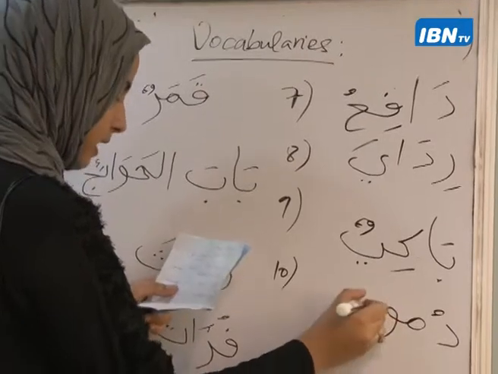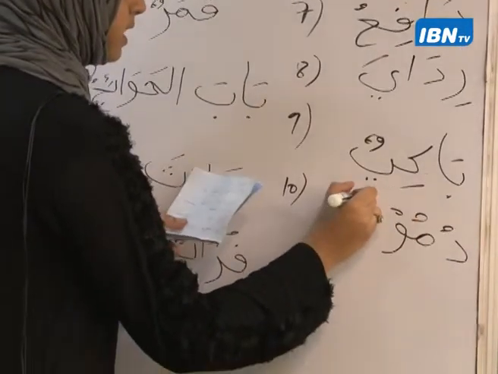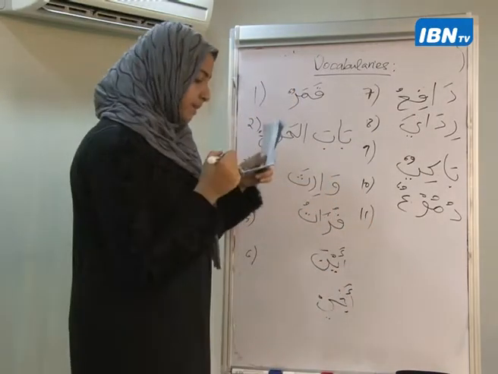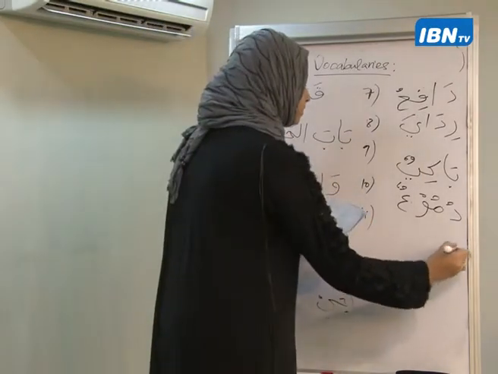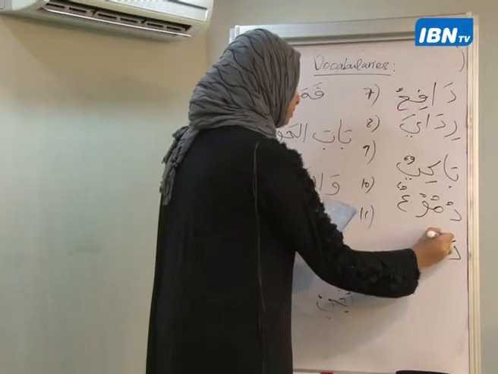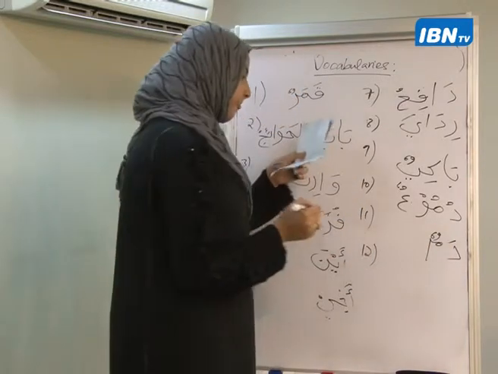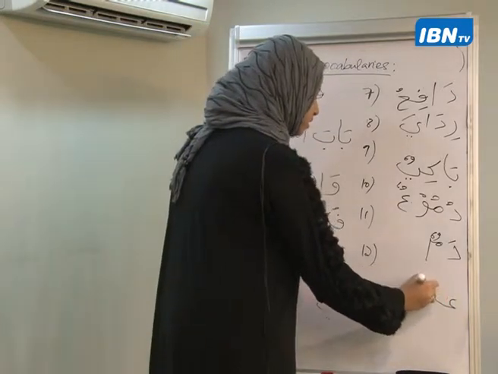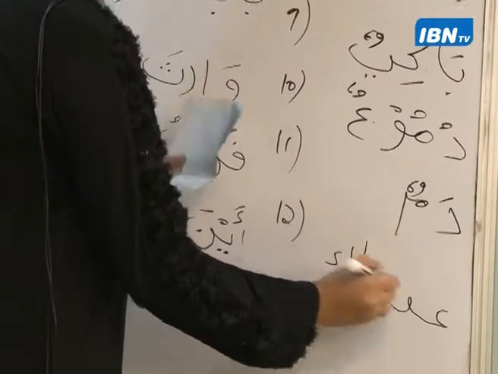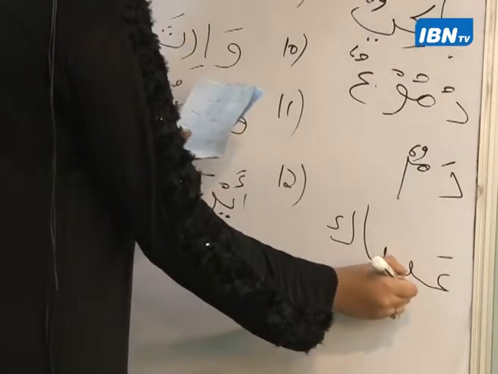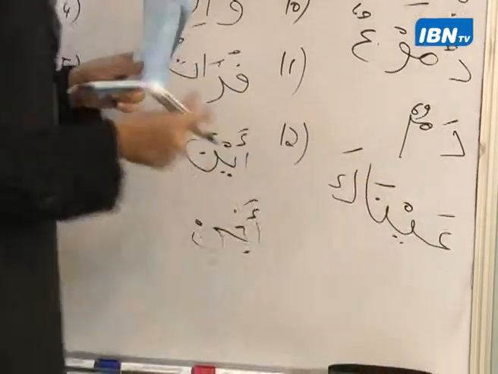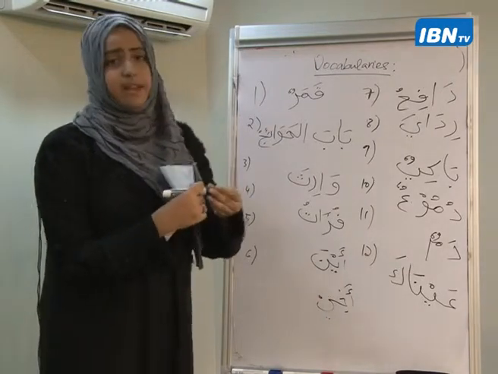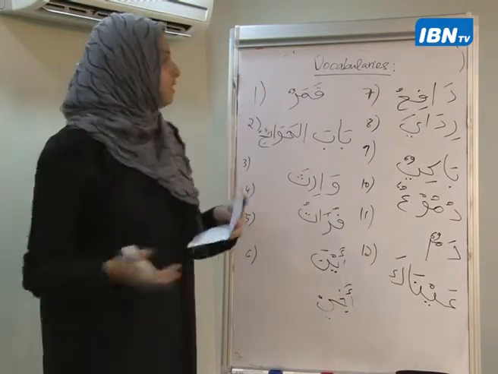You can try and figure out what these words mean, because we had done the poem with the translation. Then we have Damun. And then we have Ainak. Ainaka. Right, so there are even more words, but of course, let's just go through these words first, and then I will be giving you the other words as well.